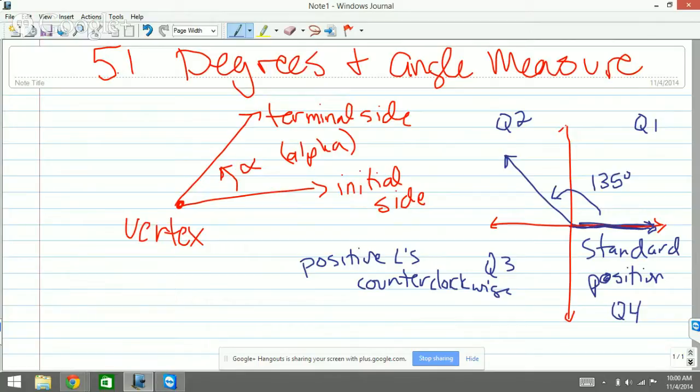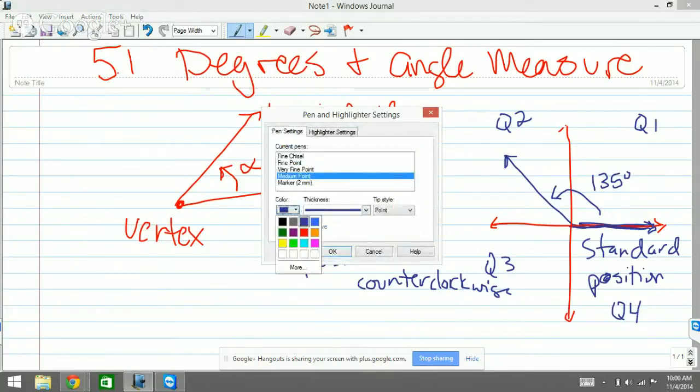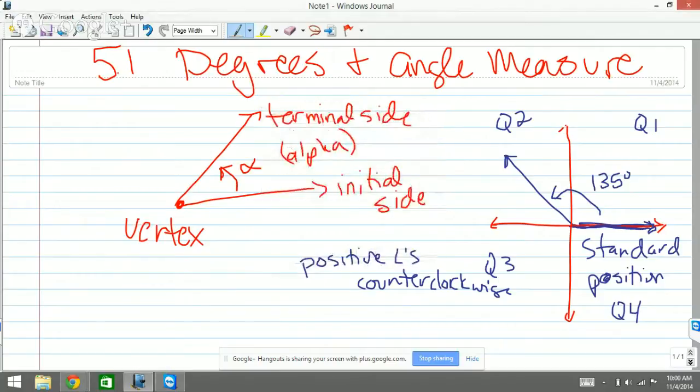What about negative? A negative angle would be the same start spot, we're just going clockwise now. So that's all definitions, really. It's just stuff you have to remember.